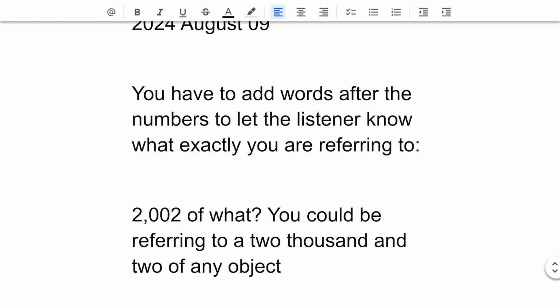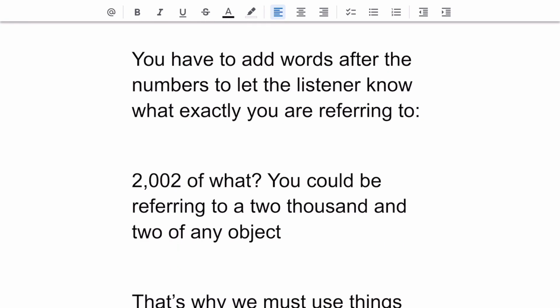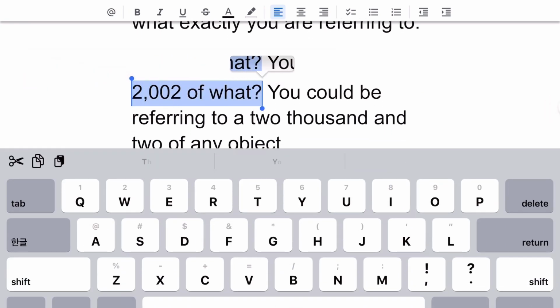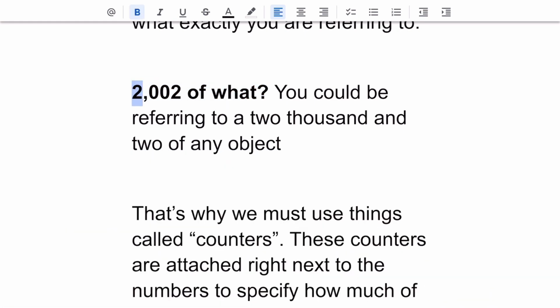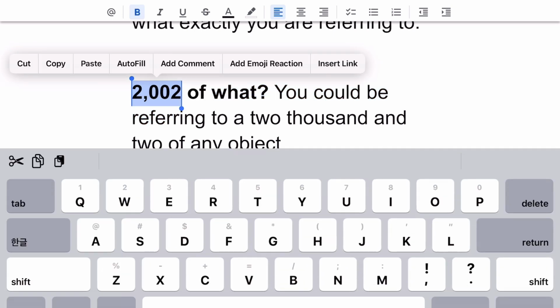And then the most important thing we have to know is that there are some counter words that get added after the Sino numbers, to let us know what they're referring to. So you can see here I have 2000 of what? If I want to say 2002, in English we might assume we're saying the year 2002. But in Korean, it's like, 2002 of what? What are you talking about?